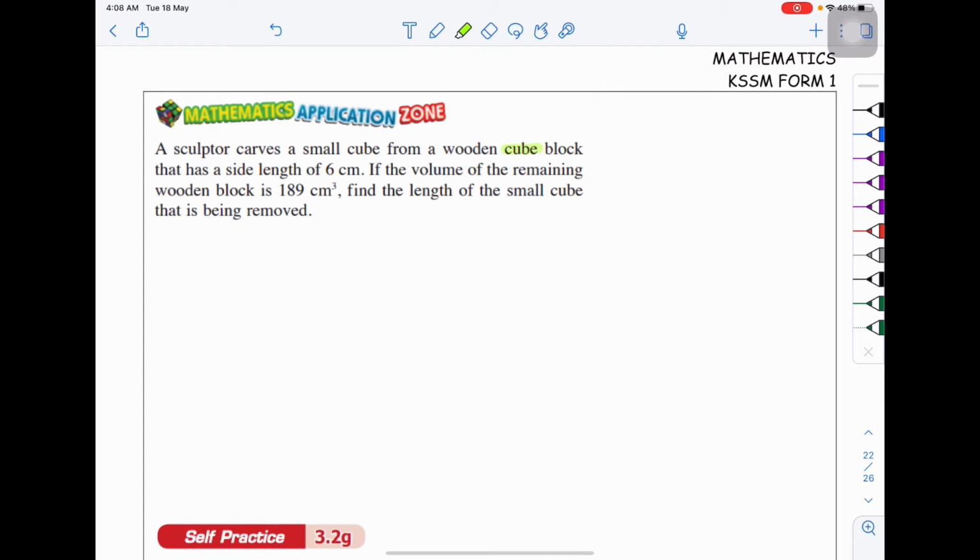A cube means all the sides have the same length. So you can draw a small cube that has the same sides. My drawing is not, the sides are not the same in my drawing, but let's try.